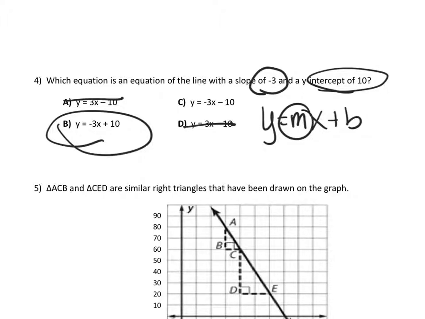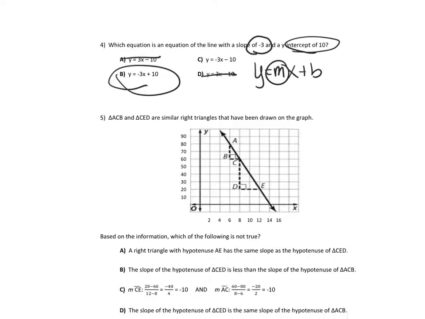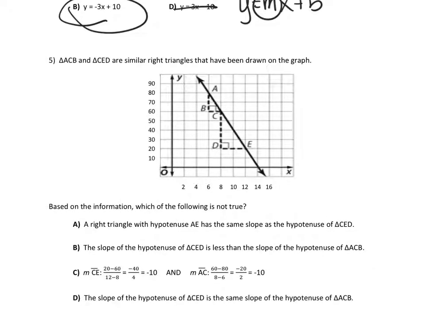Okay. Number 5. Triangle ABC and CED are similar right triangles that have been drawn on the graph. Based on the information, which of the following is not true? Okay, let's check. Their rise over their run is 1, 2, 3, 4, 1, 2. So it's really negative 2. 1, 2, yeah, they're both negative 2, the slope is, right? A right triangle with a hypotenuse AE is the same slope as the hypotenuse CED.